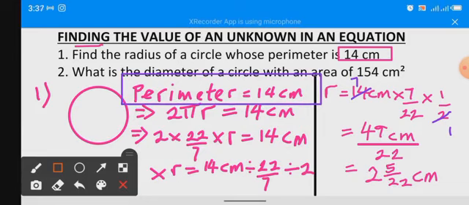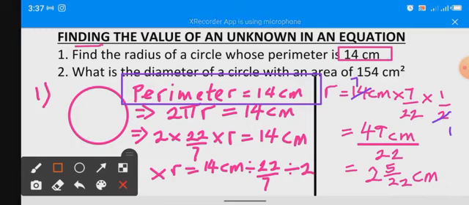You write out the information that is known. Perimeter is the only information that is given. So perimeter is equal to 14 centimeters.